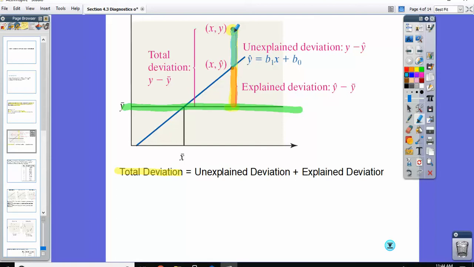We know that if we take real life data and we try to make a line of best fit, it's impossible for every point to fall on that line. So that's our unexplained deviation. There are other factors that could have come into play there that would have that impact. Again, I'm not really going to test this. I just wanted you to hear those terms in case you ever did see them anywhere.